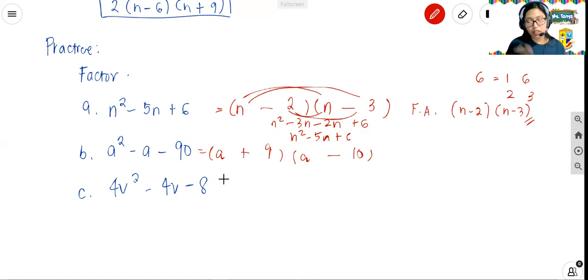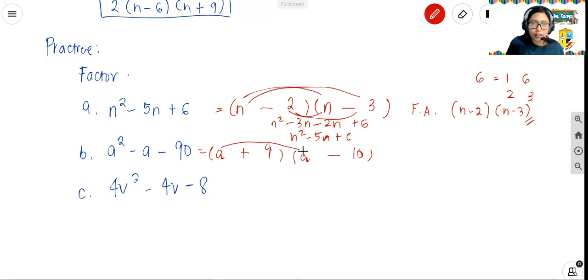It's because even the third term has a negative sign. So when you have a case of minus and then minus, one factor has to be a plus and another factor should be a minus. So it really depends where you will put the minus sign or the plus sign depending on the middle term that you need to get.